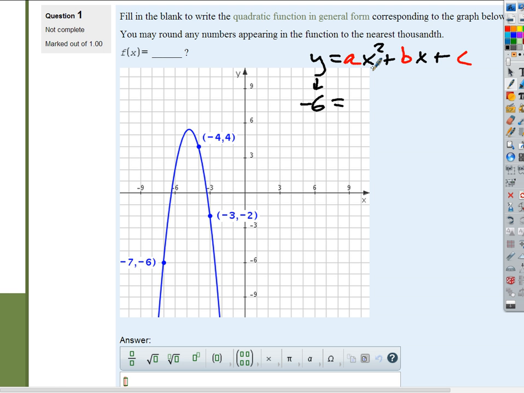So for the first one, I'm just going to get 49a, and then plus -7 times b, so -7b, plus c. If I just move the constant to the other side, that looks like standard form, doesn't it? So I'm going to get an equation like that for each of those ordered pairs.